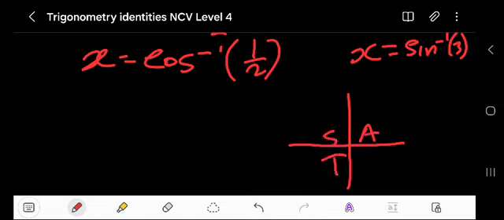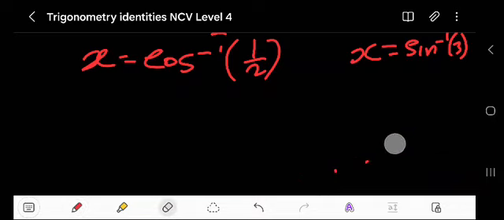Cos is negative where? All students take calculus: the third quadrant and the second quadrant, there it is negative. So say shift cos, put that 1/2 on your calculator, you'll have 60.